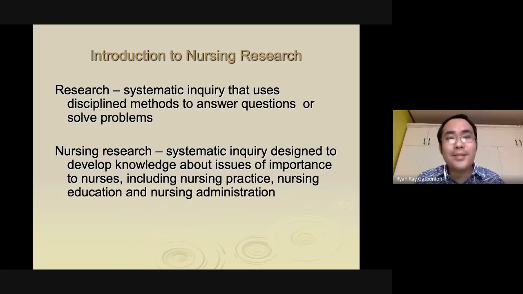When you apply it to nursing, it becomes nursing research, a systematic inquiry designed to develop knowledge about issues that are important to nurses. The scope is nursing practice, nursing education, nursing administration, and even community health nursing.